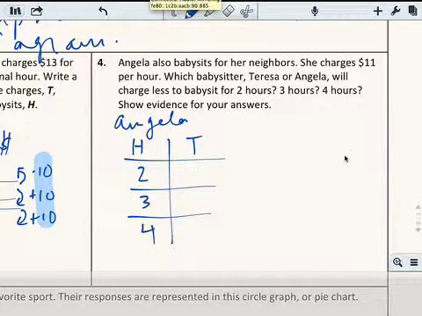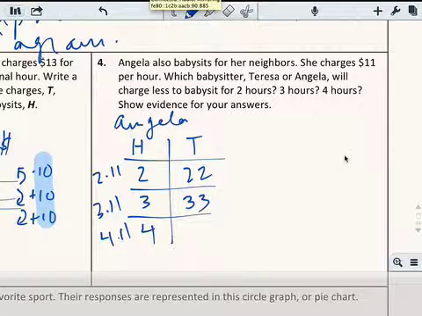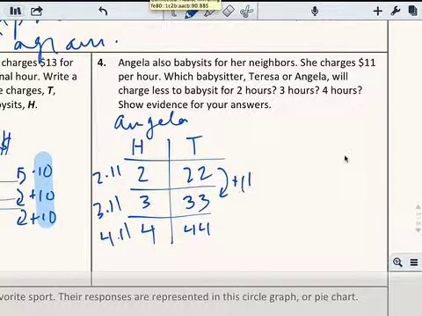Angela charges $11 per hour, so I think that's going to be 2 times 11. That gives me 22. 3 times 11 for 3 hours gives me 33, and 4 times 11 for 4 hours gives me 44.